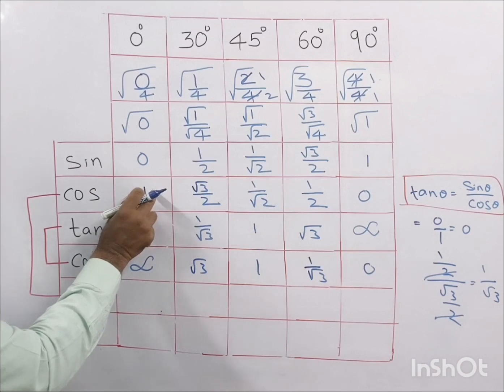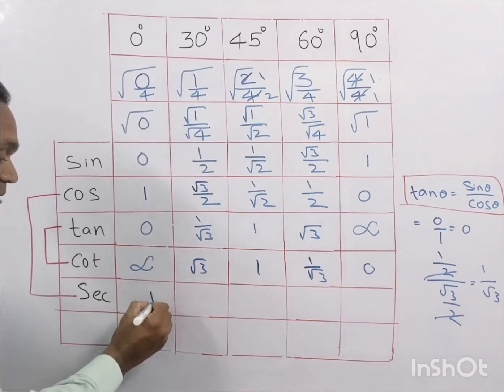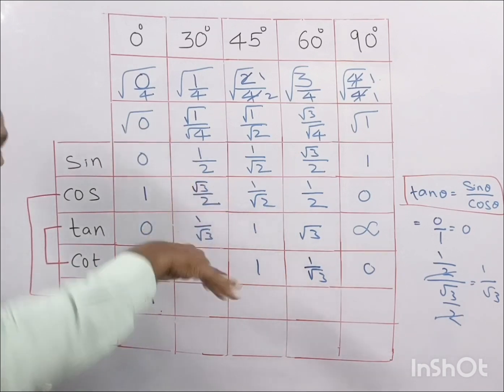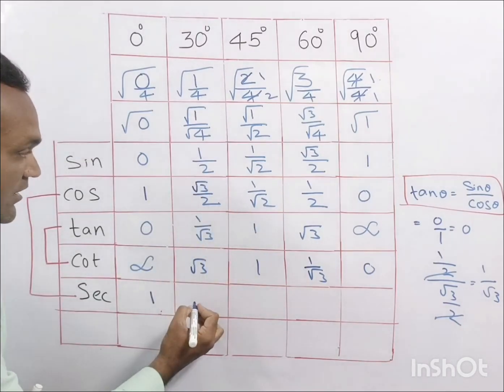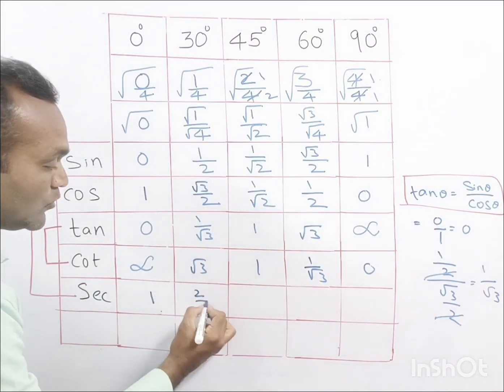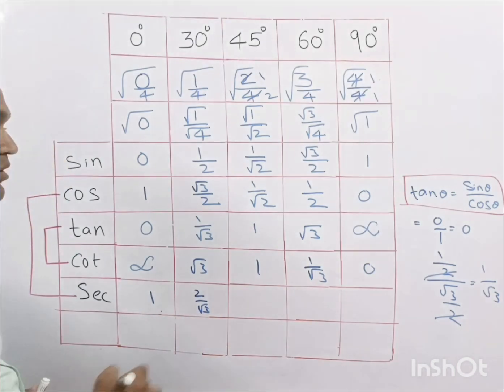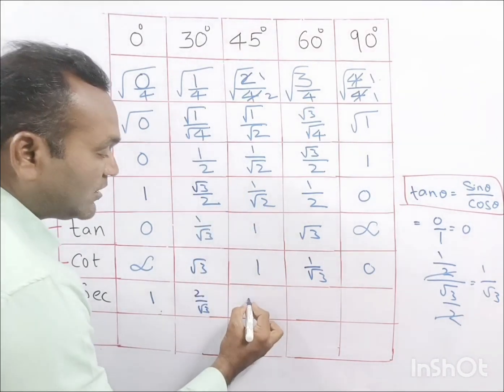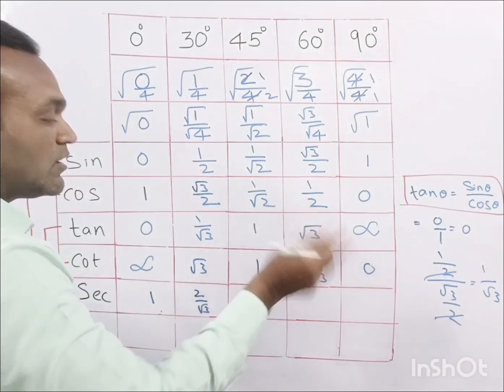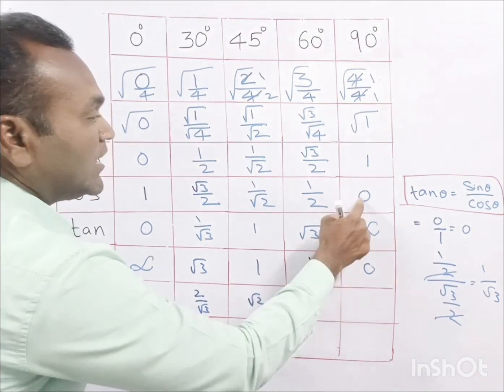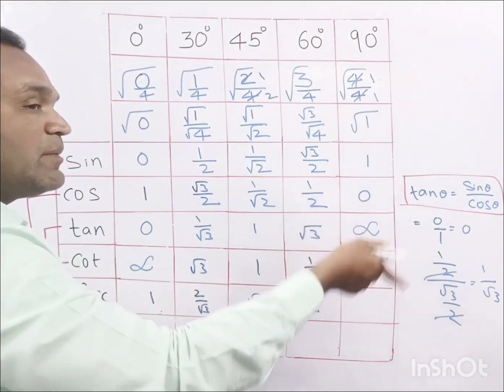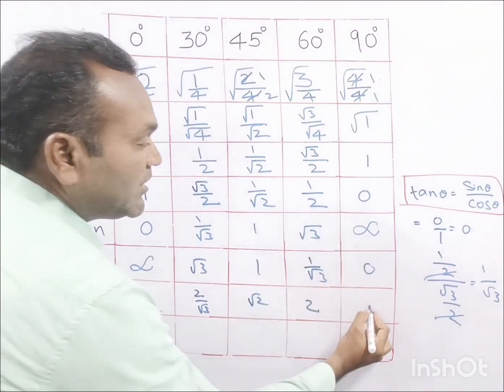So 1 by 1, reversed, is also 1. Root 3 by 2, reversed, is 2 by root 3. 1 by root 2 will be root 2. 1 by 2 will be 2. And 0 by 1, if I reverse it, is 1 by 0, which means infinity.